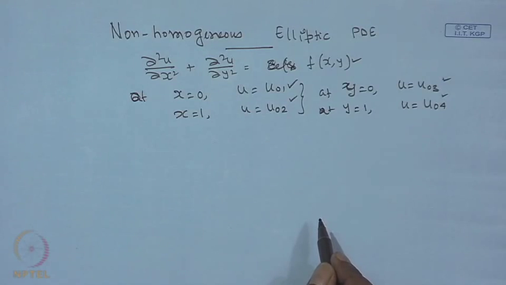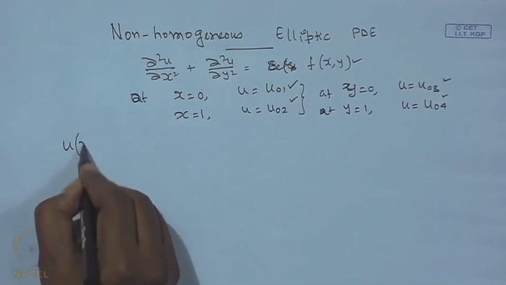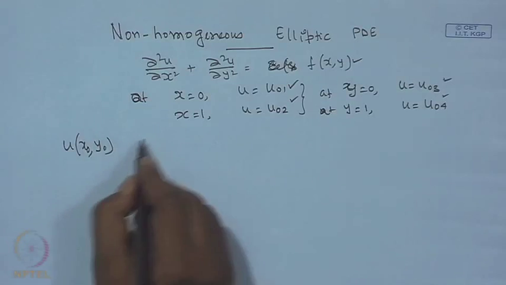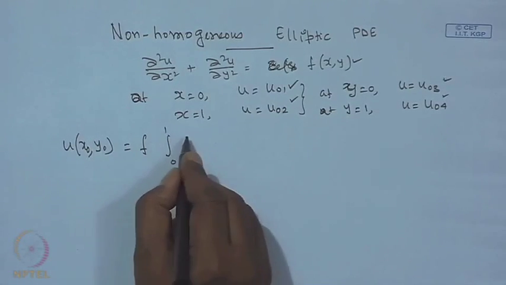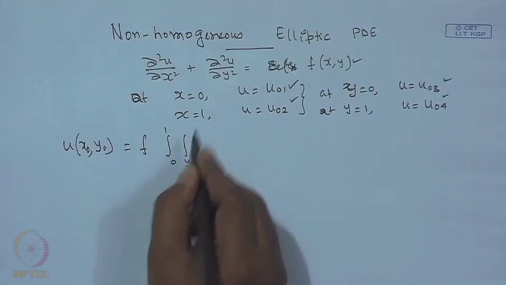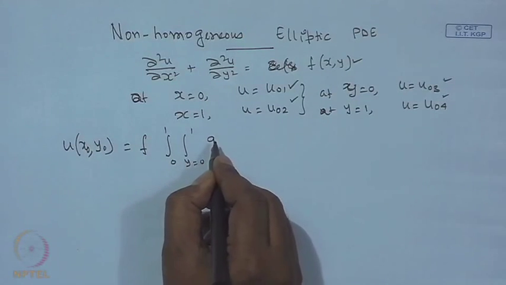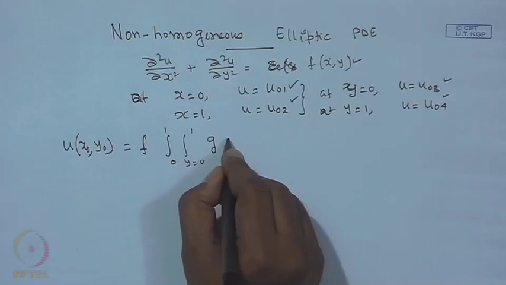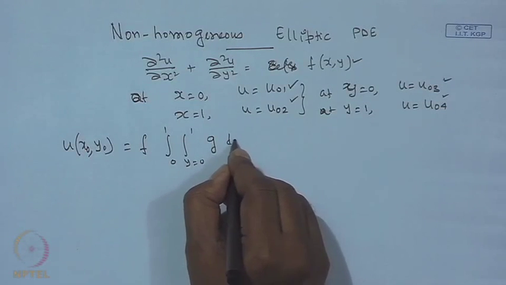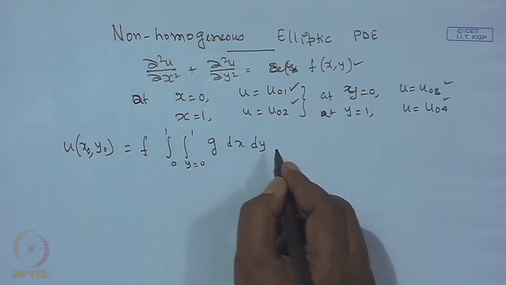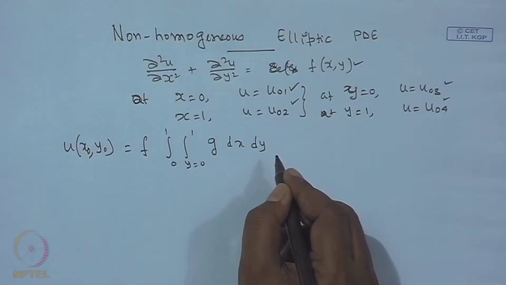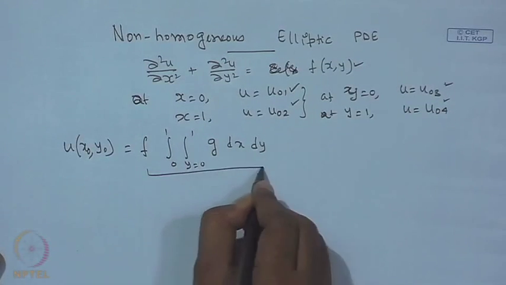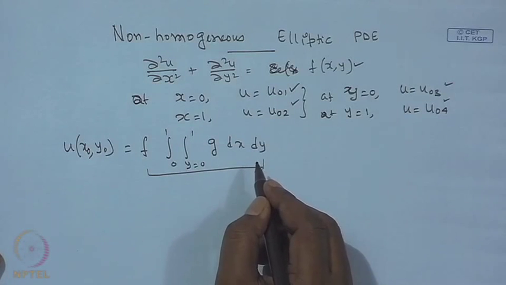The solution becomes u at x naught y naught is equal to the integral of f g dx dy, over 0 to 1 in x and y. That was the first term, and then we had the other terms. This term comes because of the non-homogeneous term in the governing equation.